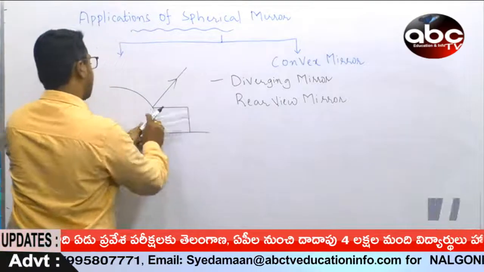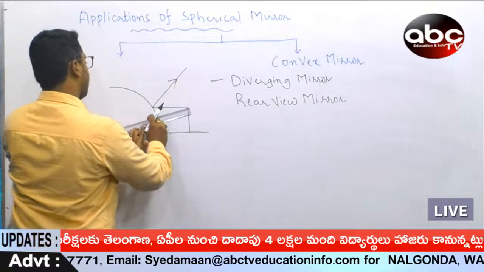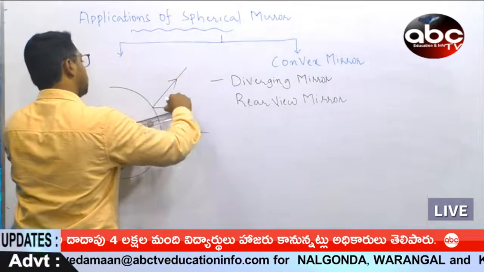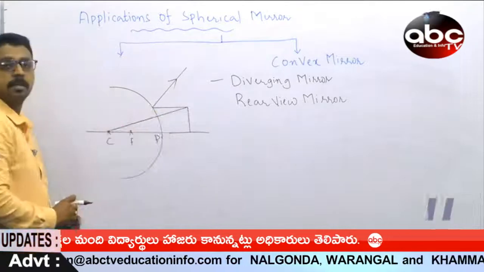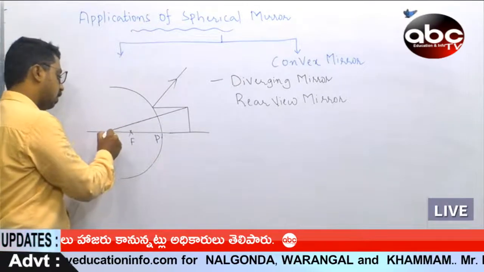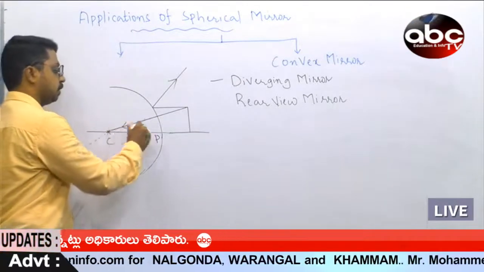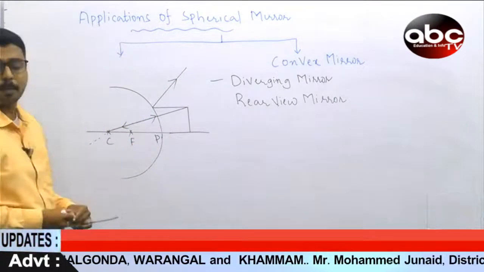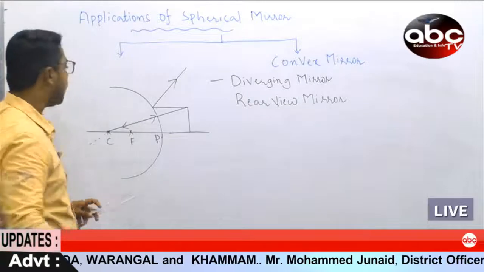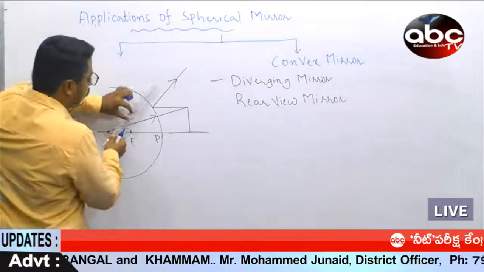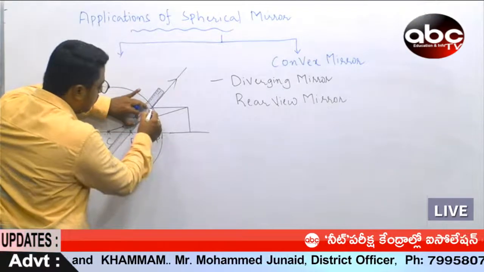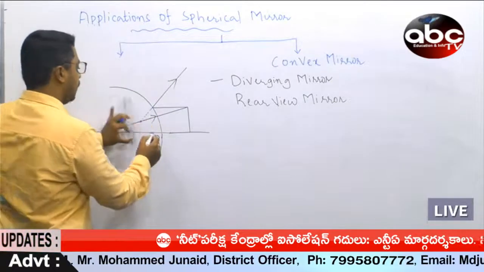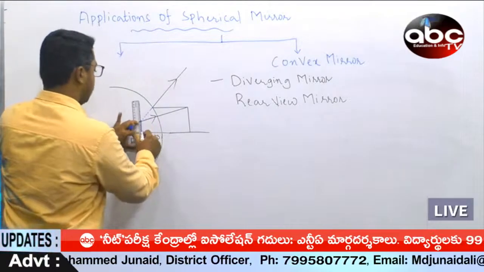At the same time we also draw a ray directed towards the center of curvature, and it emerges in that manner. Extending these, they intersect at a point, and this could be an image.